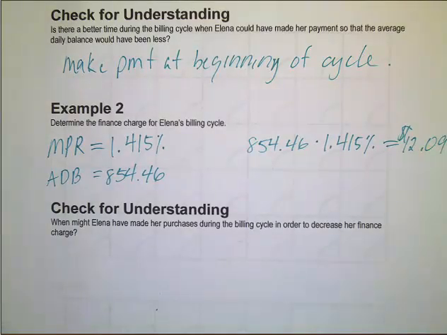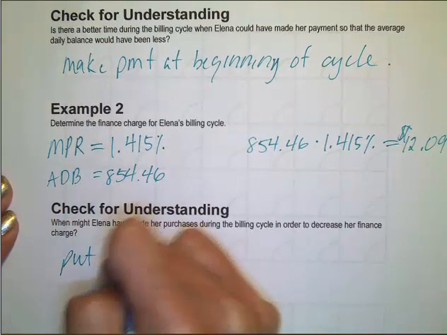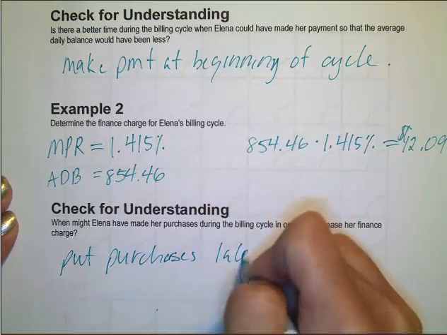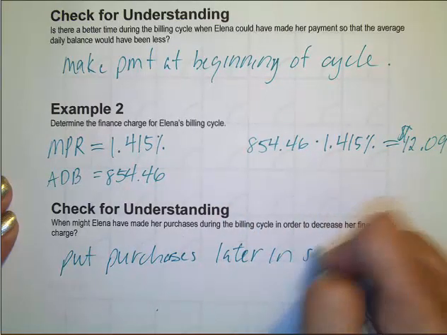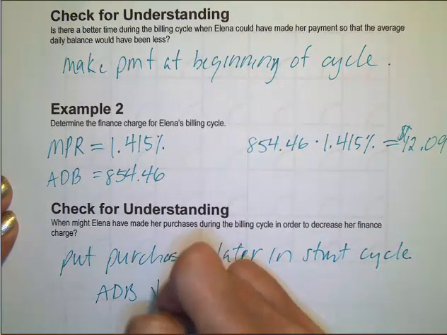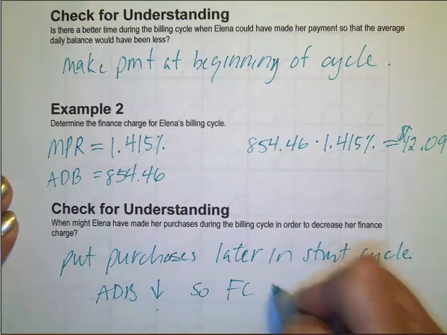All right, check for understanding. When might Elena have made her purchases during the billing cycle in order to decrease her finance charges? So if she put her purchases later in the cycle, her average daily balance would have been lower, so finance charge would have been lower.